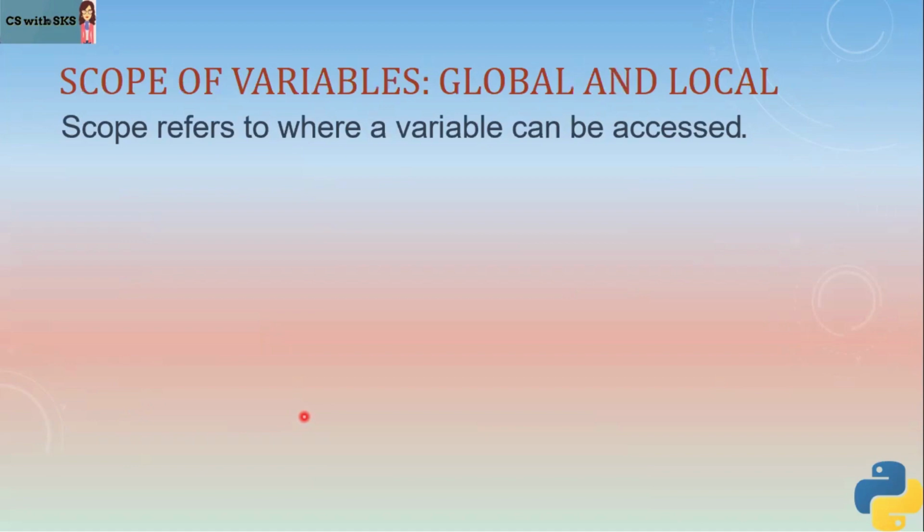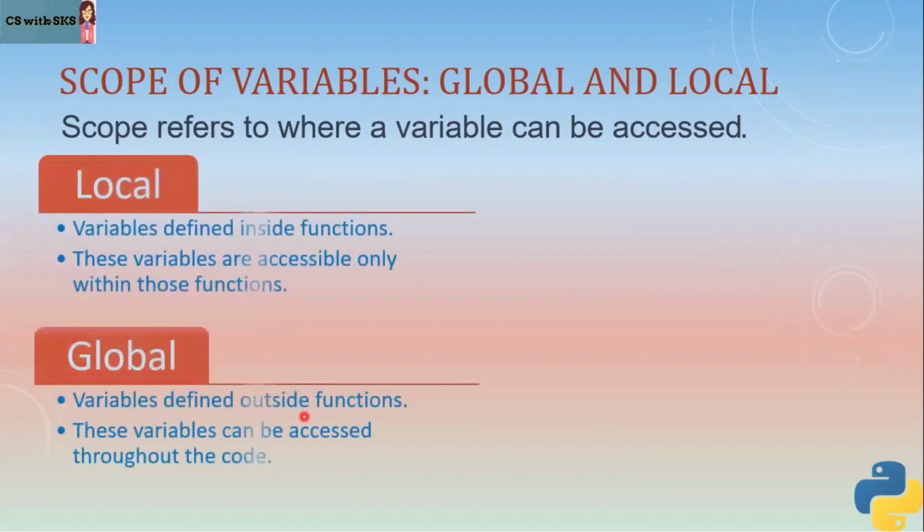Now, two types of scope are available, global and local. Let's understand both one by one. Local scope means the variable is defined inside a block of code. That block can be a function. These variables are accessible only within those functions, not outside the function body.